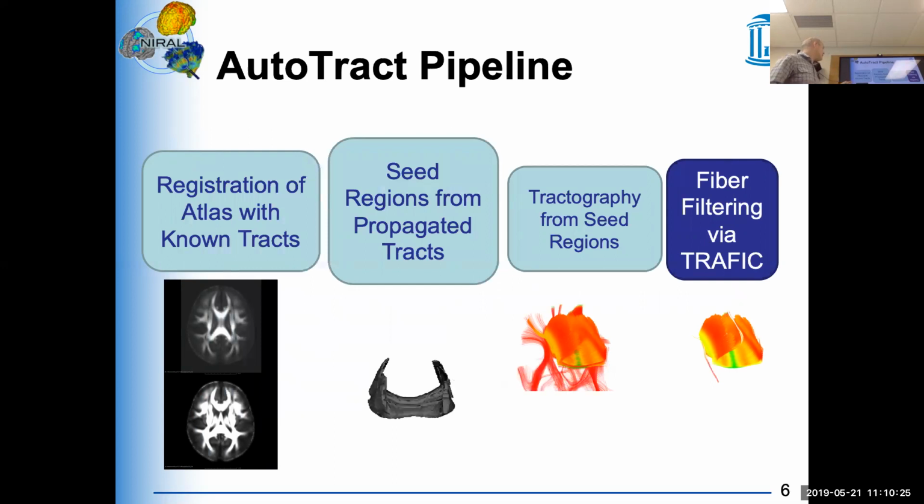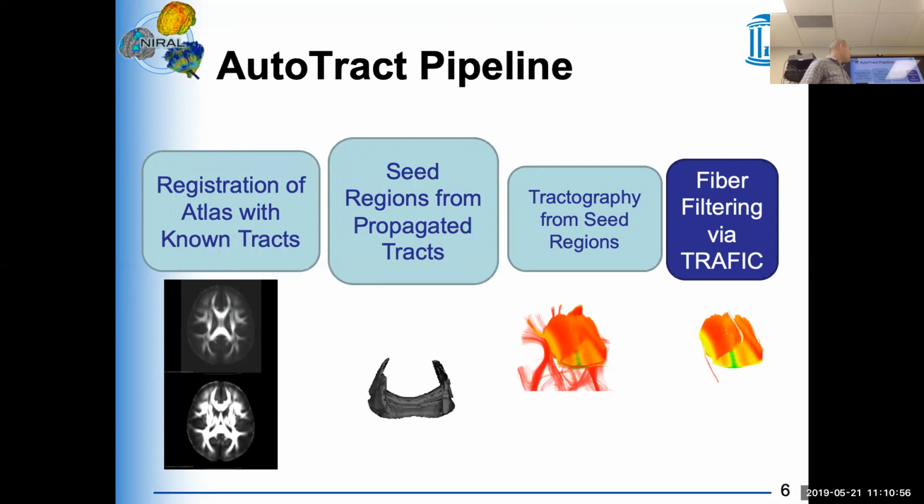So what AutoTract does is basically it uses an existing atlas with known tract definitions, kind of like when you would look up in the book or anything like that, except for here the atlas is going to be an image with tract definitions. It will register that atlas to our new atlas that we created from our study. And we then use these propagated tracts to do a seed propagation for creating tractography on the new atlas.